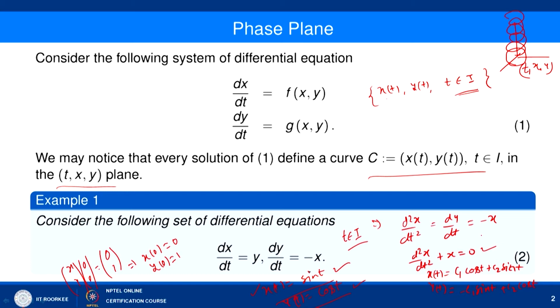So, if you have a helix and then you simply put it down onto the xy plane, you paste it together. When you paste it together, it will form a circle given as x squared plus y squared equal to 1, and that you can find out as x(t) equal to sin t, y(t) equal to cos t. You can find x squared(t) plus y squared(t) equal to 1 here.